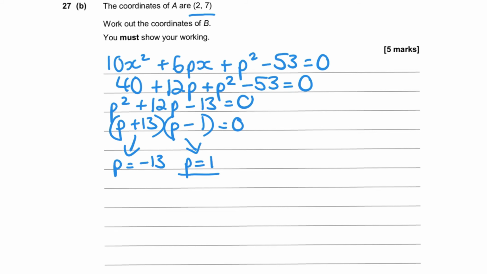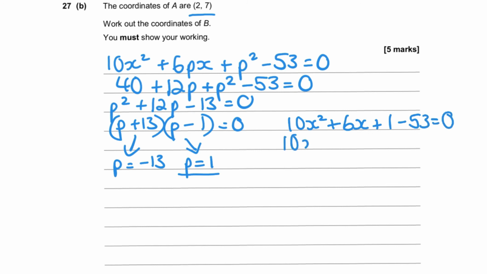Now that we've got a value for p, we can go back to solving the original simultaneous equations. So we've got 10x squared plus 6 times 1, because p equals 1 now, is 6x, plus 1 squared, minus 53 is equal to 0.